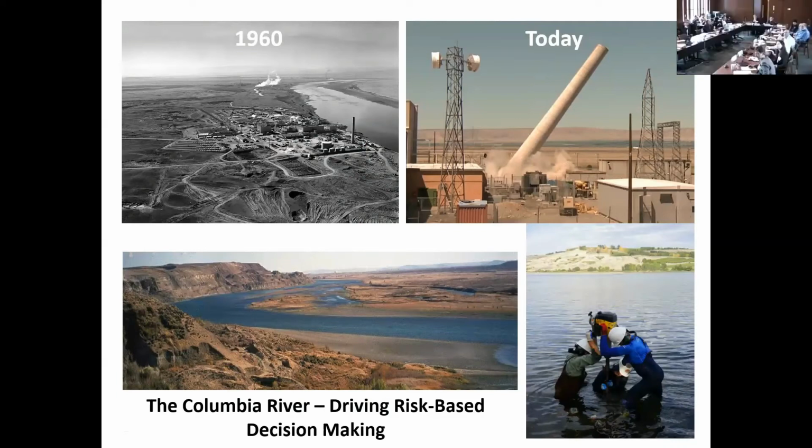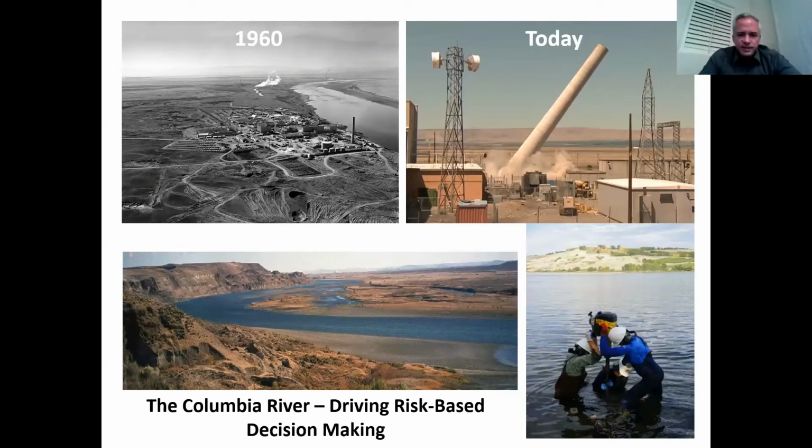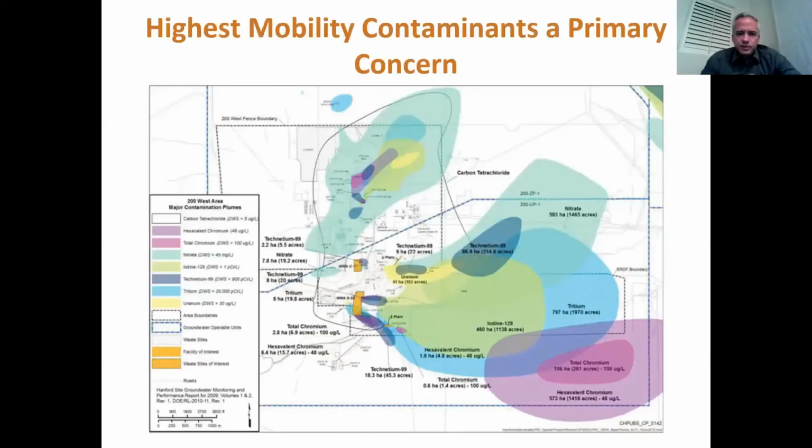You know, when you go into the ground and you want to pump and treat, or let's say you want to scoop out contaminated soil and sediment, you do worry about remobilization or enhancing the transport of a contaminant into that water. And that's, by and large, what goes on at the Hanford site today: cleanup activities with major concern of the Columbia River.